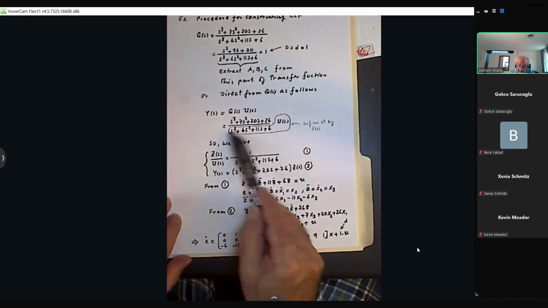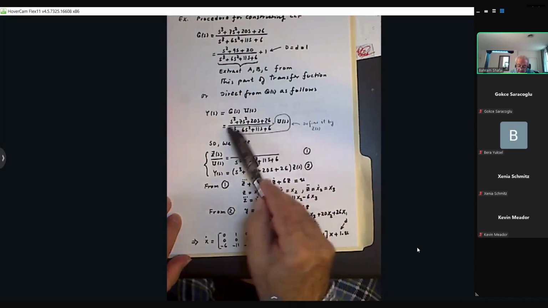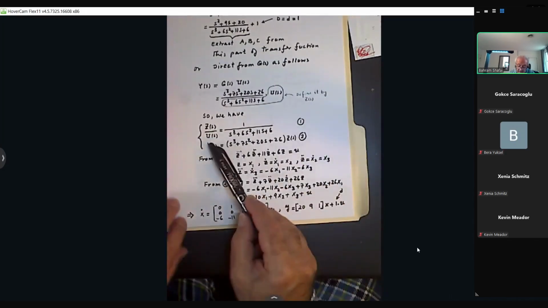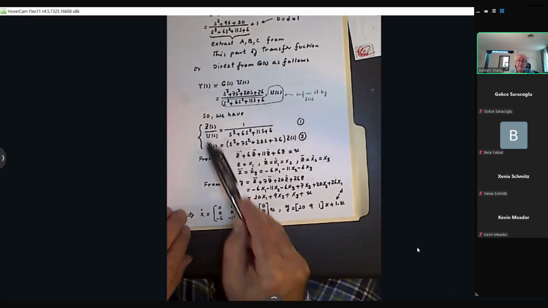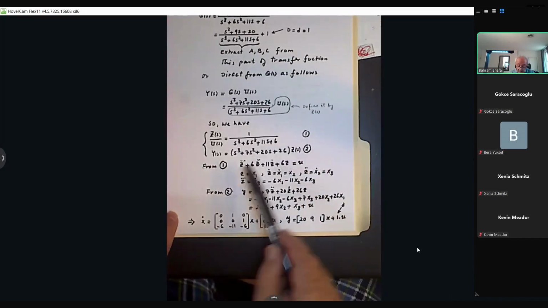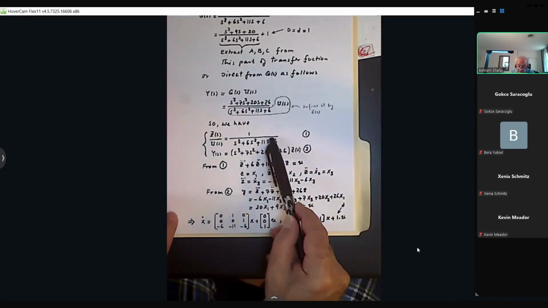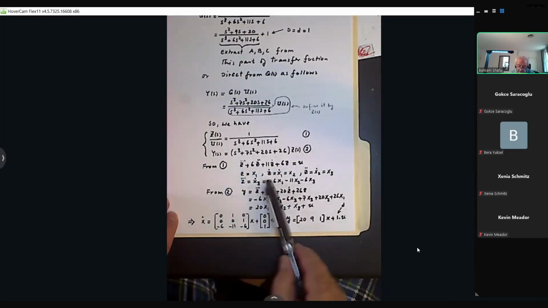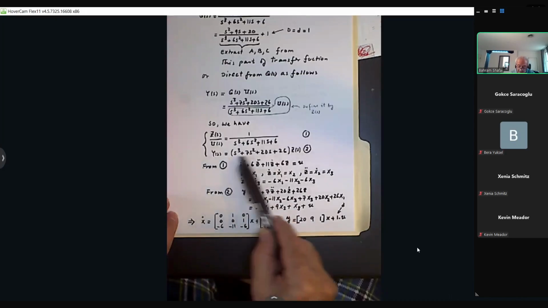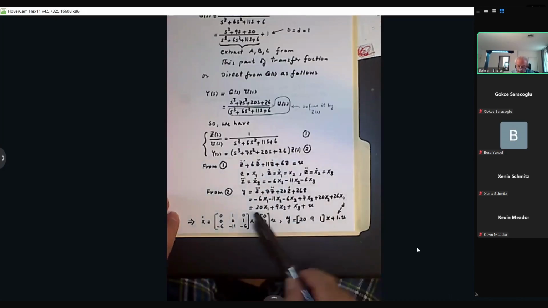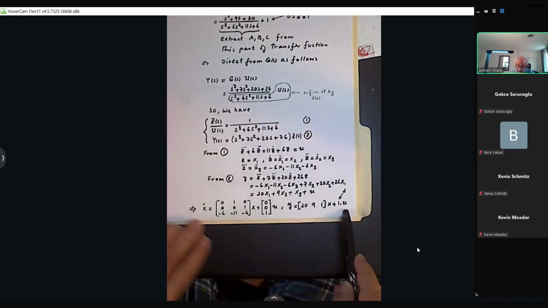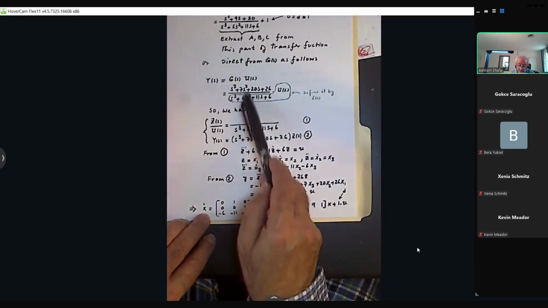I explained it here, that this can be considered a new variable, and then this equation can be divided in two parts, and then you can write the differential equation based on this equation. Once you have this, you can also find the output equation from here and substitute the state variable that you define, and you get the controllable canonical form of this transfer function. Okay.